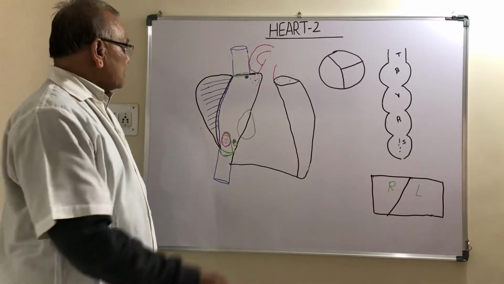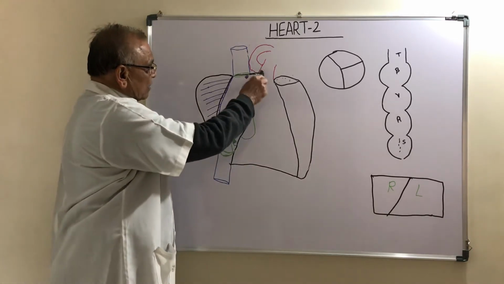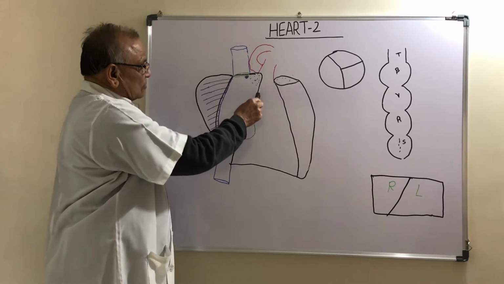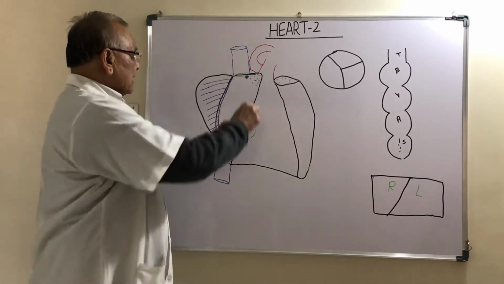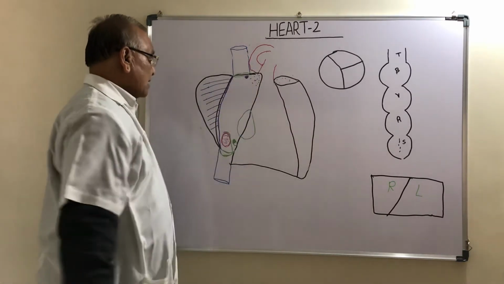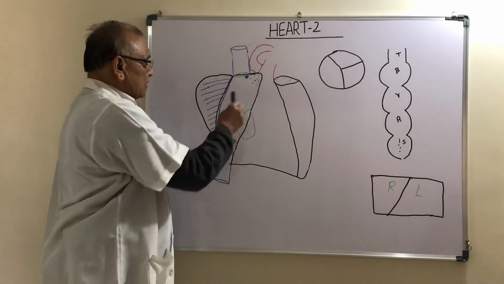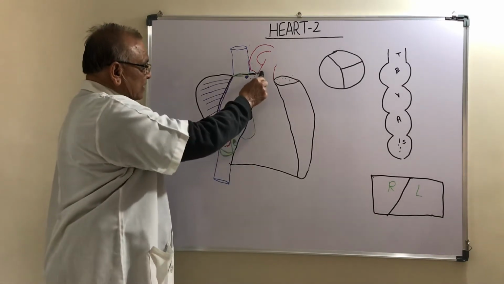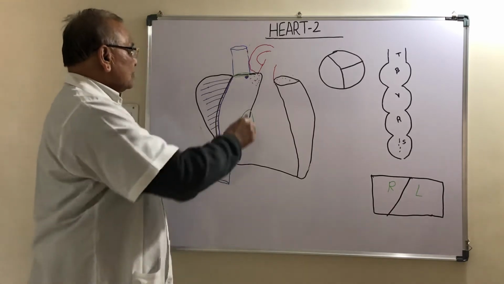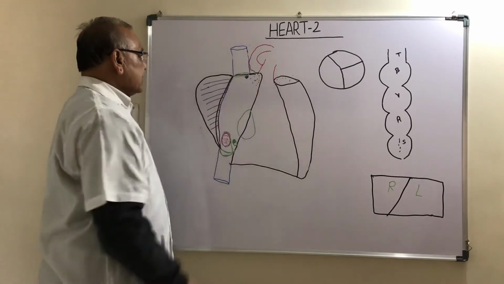This auricle overlaps the upper part of the right ventricle, and it also overlaps the root of the ascending aorta.